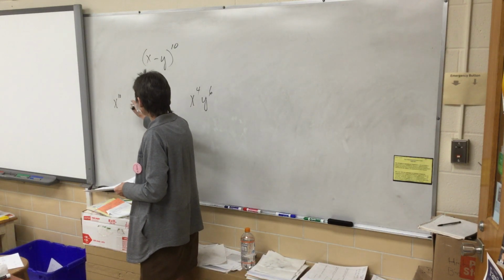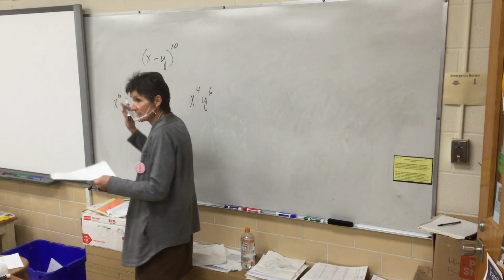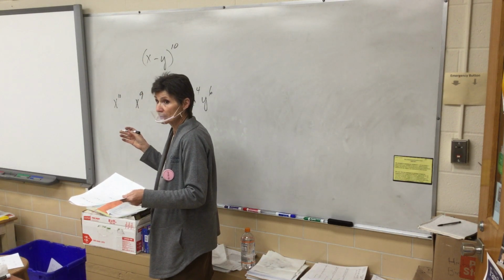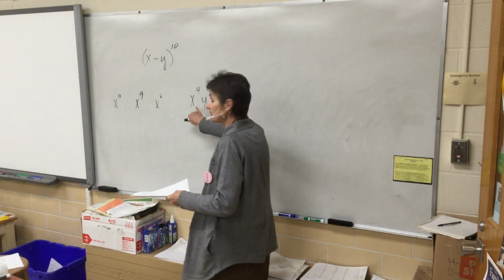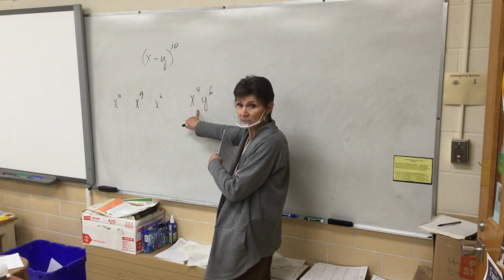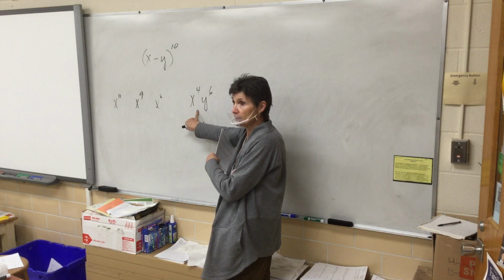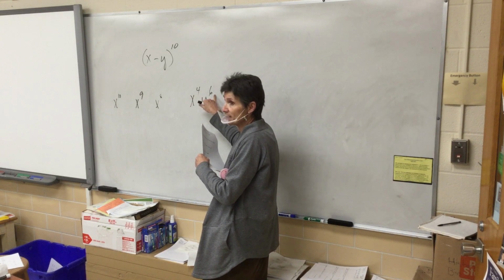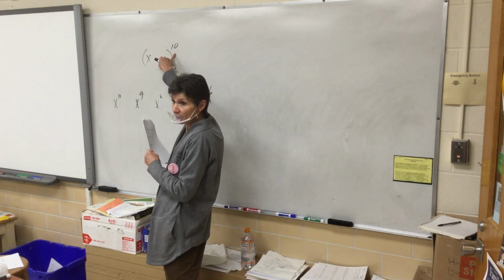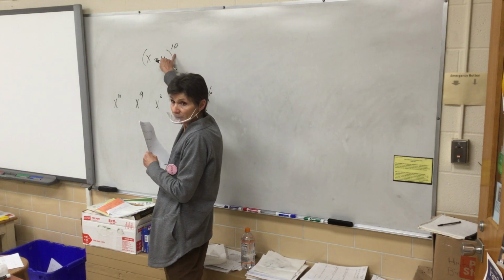And the next term, whatever else it has, would have an x to the 9th, and an x to the 8th, and so on. So somewhere along the line, I'm going to get down to an x to the 4th. Would you agree? And of course, if the x is to the 4th, the y has to be to the 6th, because they have to add up to 10.